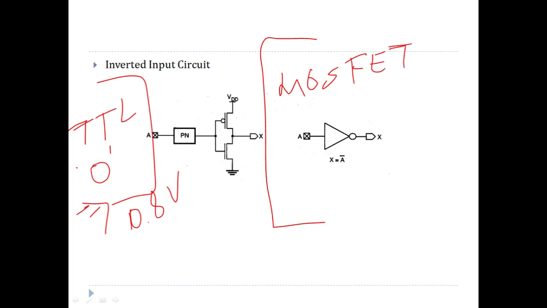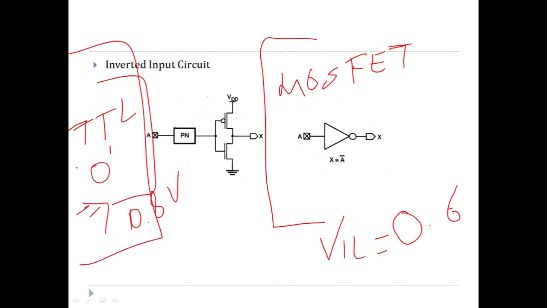Let's say you have used CMOS. Now for this, its VIL value, let's say, is 0.16. In this case, there is apparently no compatibility: the logic 0 of the TTL won't act as a logic 0 for the MOSFET, because the voltage can be 0.8, which is greater than VIL, so it can treat it as logic 1.